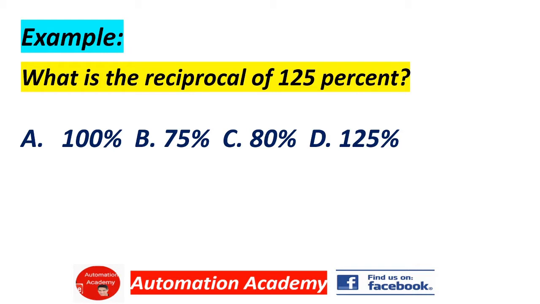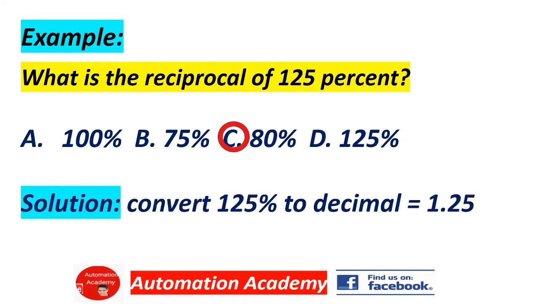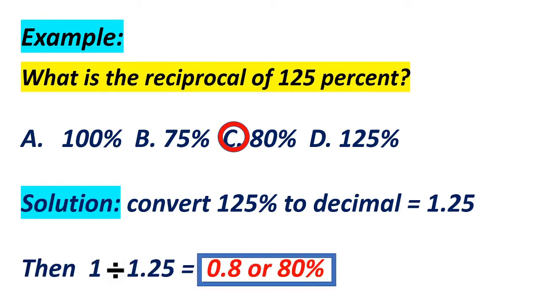A. 100%, B. 75%, C. 80%, D. 125%. Answer C. 80%. Solution: convert 125% to decimal equals 1.25. Then 1 divided by 1.25 equals 0.8 or 80%.